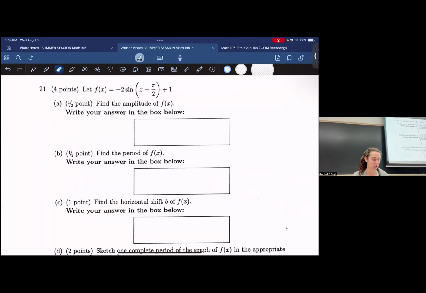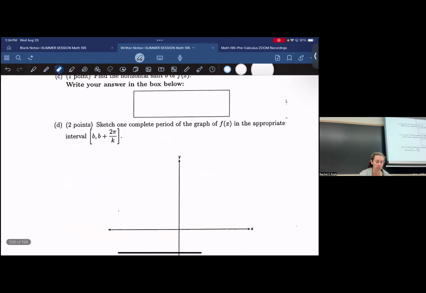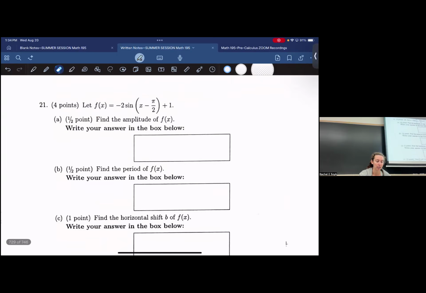Finally, our last question, which I do want to make a special point towards, and my boss wanted me to tell you guys this too. The last question on the final exam is worth 10 points. It is most likely going to be graphing a trigonometric function and dealing with amplitude, period, horizontal shifts, vertical shifts, and then sketching it out on the bottom here.